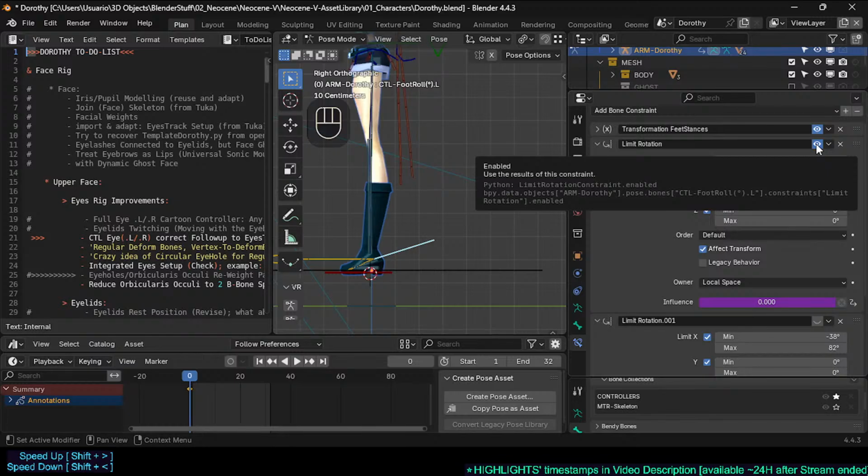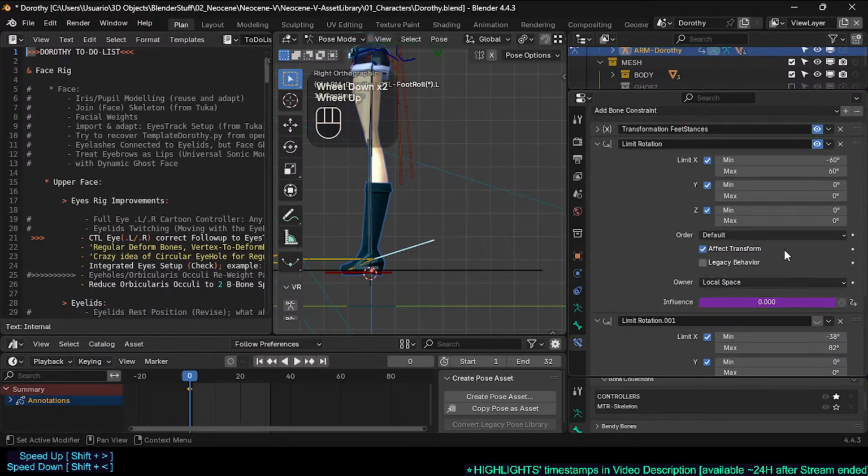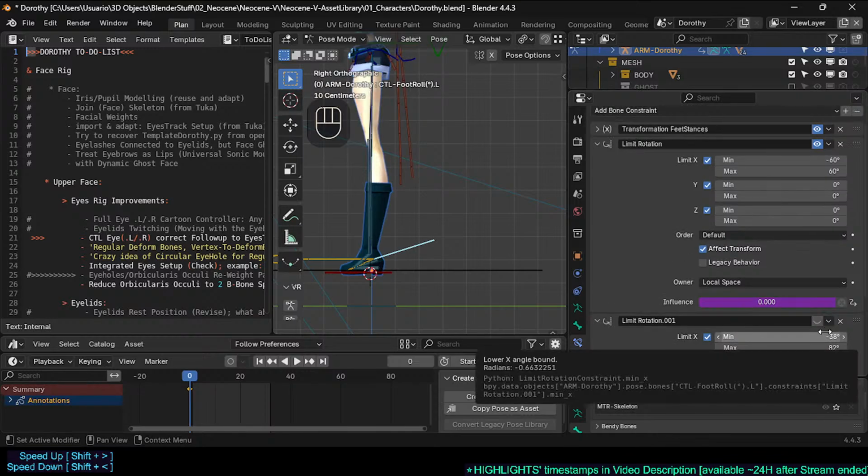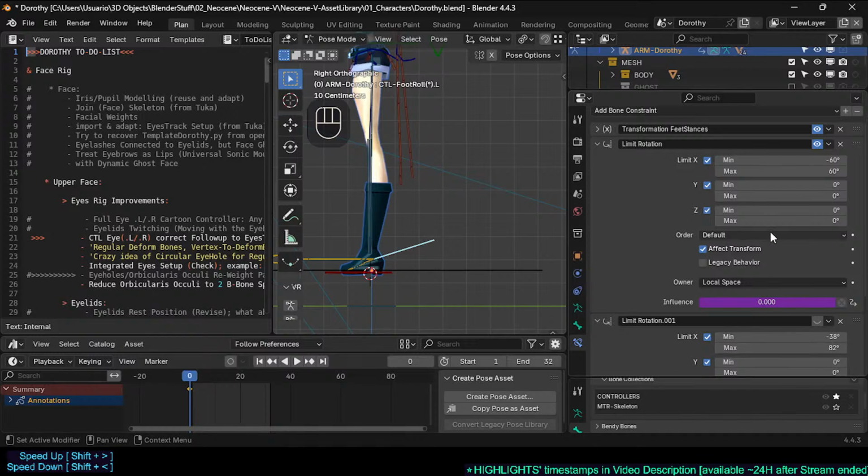These things don't overlap themselves. They sort of combine themselves to give the best minimum and the best maximum for the limit.